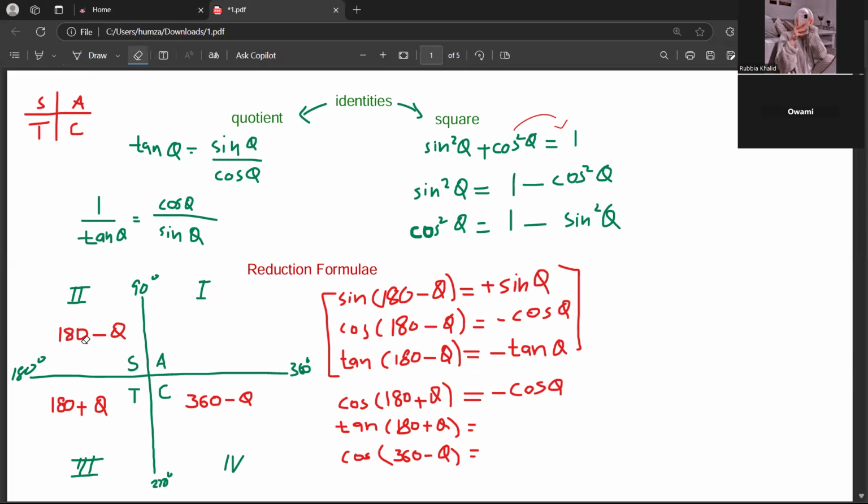If we add an angle to 180 degrees, the value will always be greater than 180 degrees. For example, 180 degrees plus 1, or plus 30 degrees, plus 45 degrees. All the values will be greater than 180 degrees.